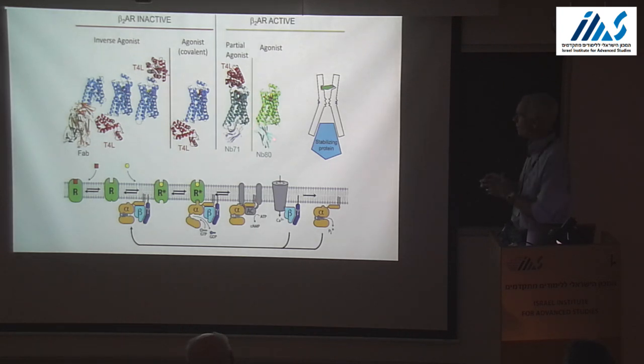And we were able to select this nanobody by looking at the effect of nanobodies on the affinity for agonist. G proteins enhance affinity for agonist, as Bob mentioned yesterday. And this nanobody, Nb80, had essentially the same effect that G protein Gs had. Interestingly, we immunized the llama with an ultra high affinity agonist.